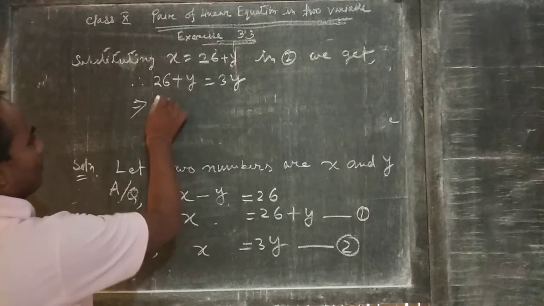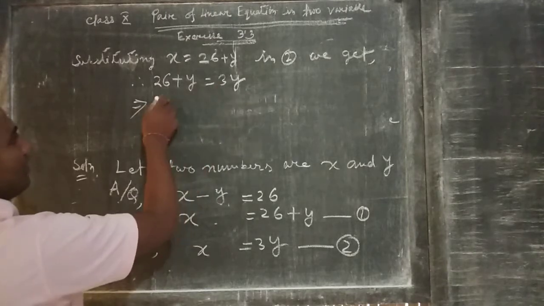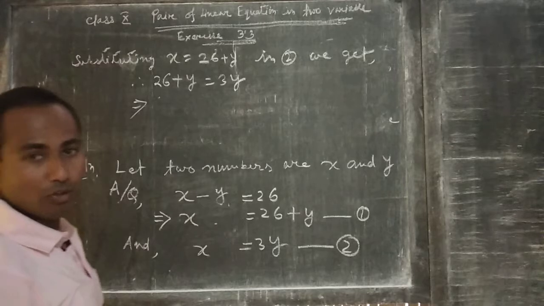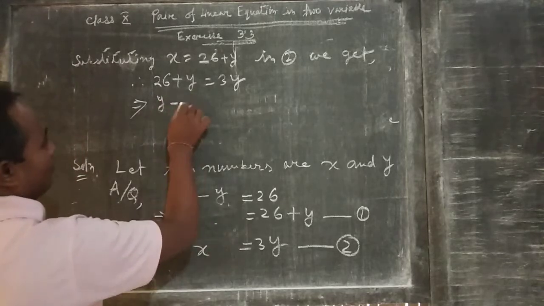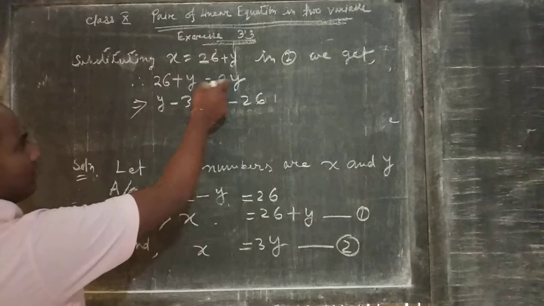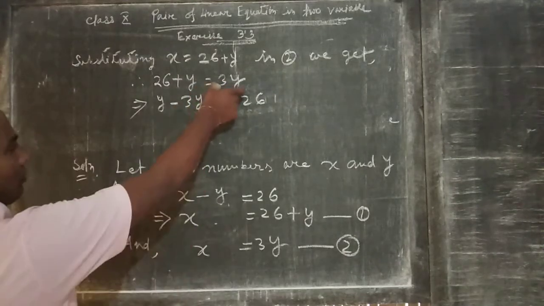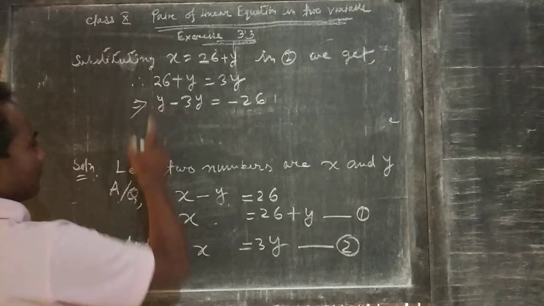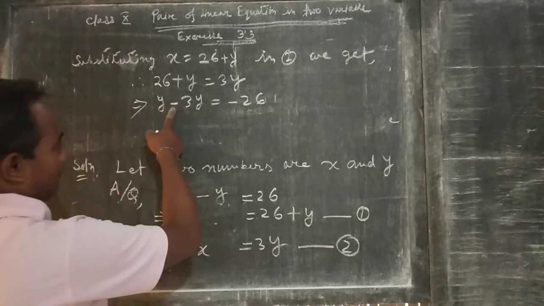What will we get? We have to shift 3y to the left hand side and 26 to the right hand side, because we have to find the value of y. Then we get y minus 3y equals minus 26. 3y has a plus sign, so if we shift 3y to the left hand side, it will get a minus sign.